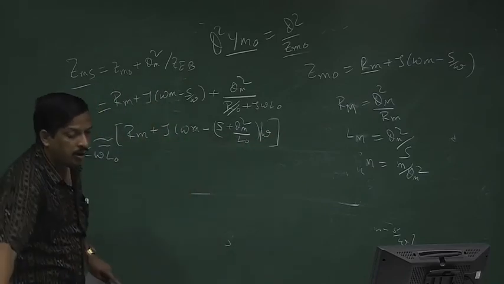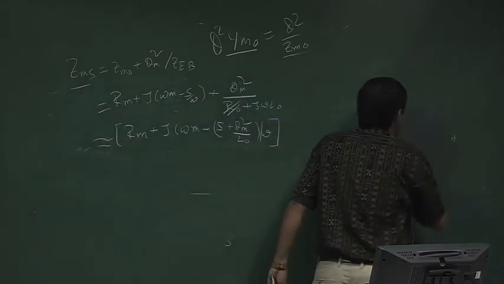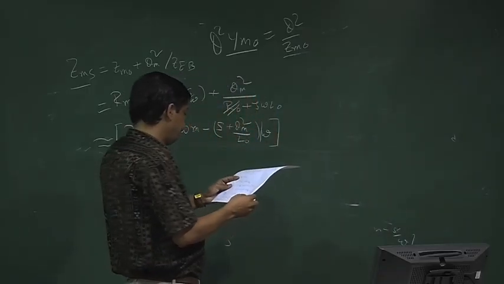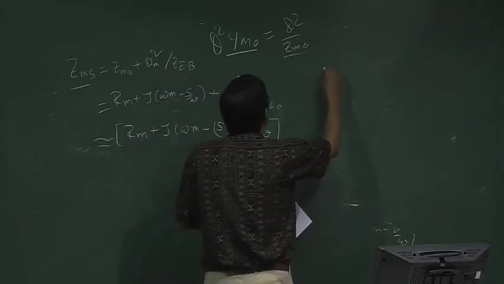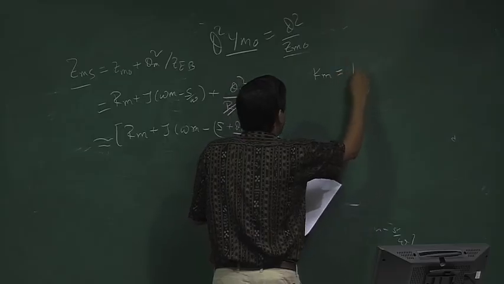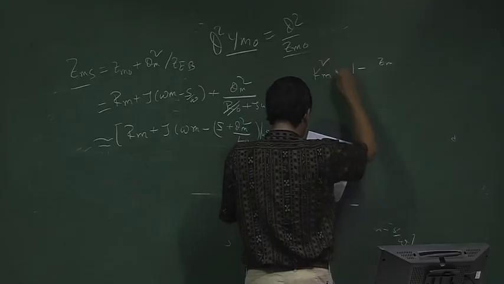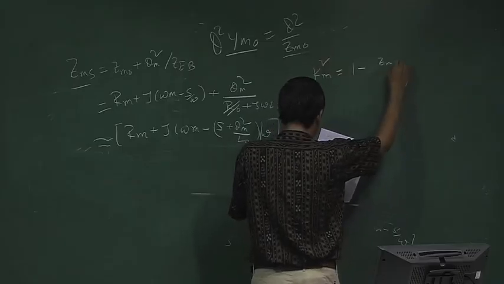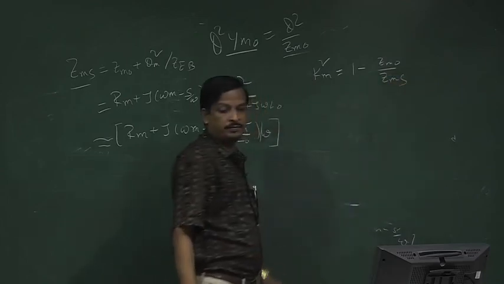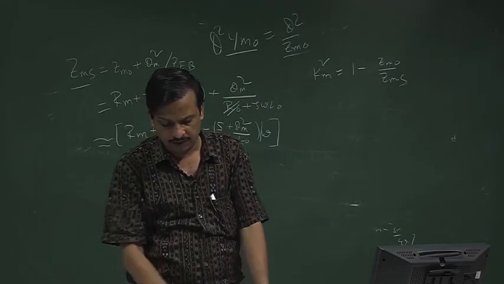Now, if I want to find out Km, what is Km? Km square is nothing but 1 minus ZMO divided by ZMS.